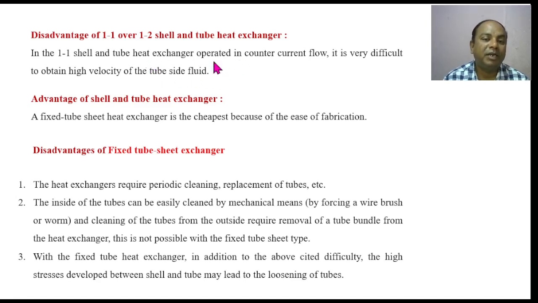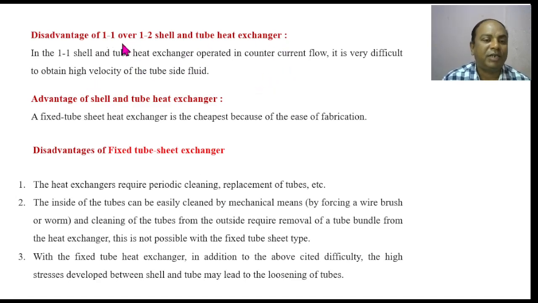But with multi-pass construction, as we keep increasing the number of passes on the tube side, pumping is required, as there will be friction while the fluid is flowing through the tubes. That problem with regard to the velocity of the fluid passing through the tube can be resolved if a pumping arrangement is associated with the exchanger.